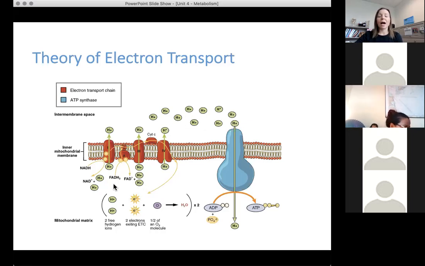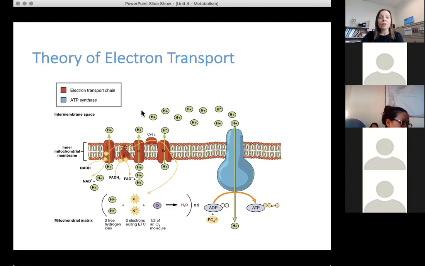So they're pumping the hydrogen ions. And remember, the electrons and the hydrogen ions came from those reduced coenzymes, NADH and FADH. So just to explain where these things have come from, the electrons are passed along, and as they are passed along, they give off energy, which is used to pump the hydrogen ions out.